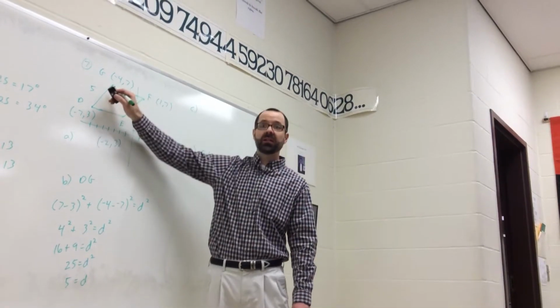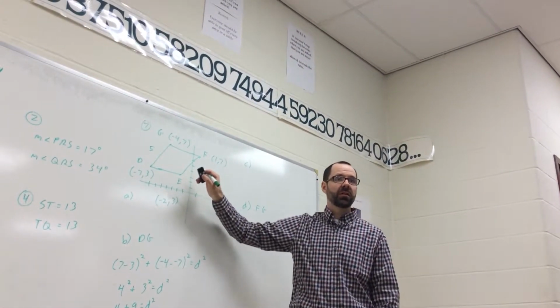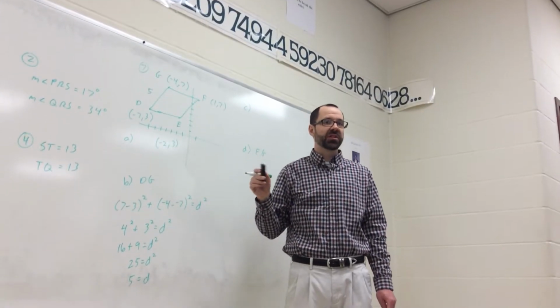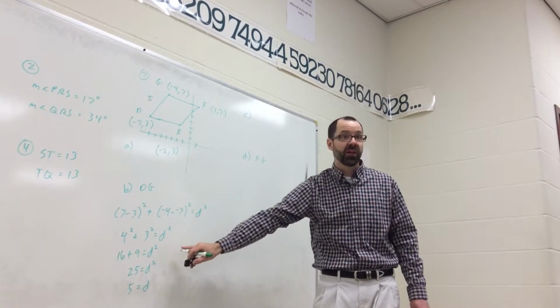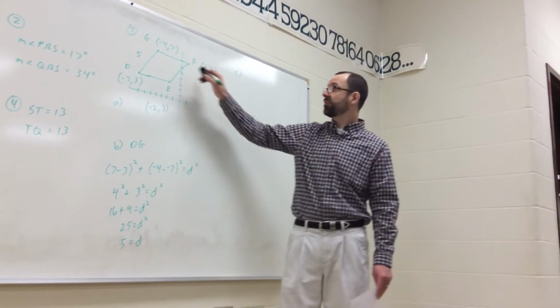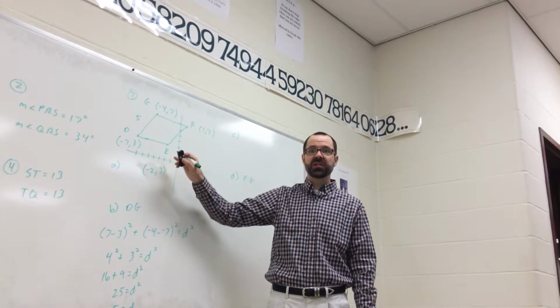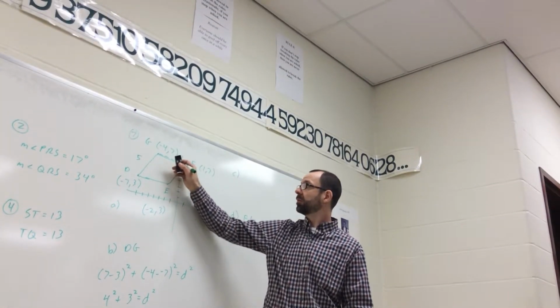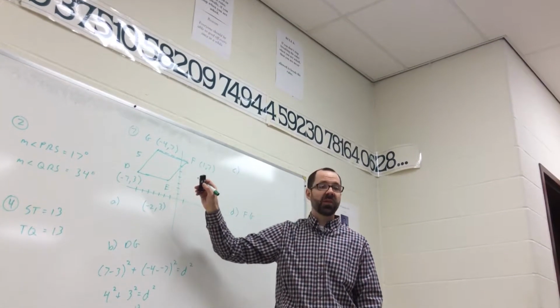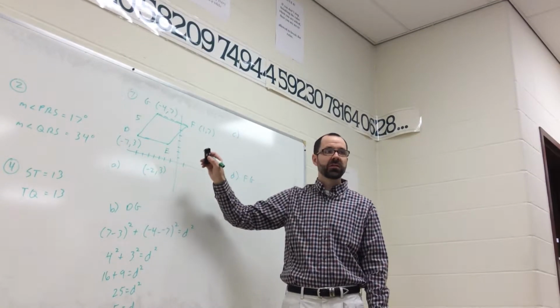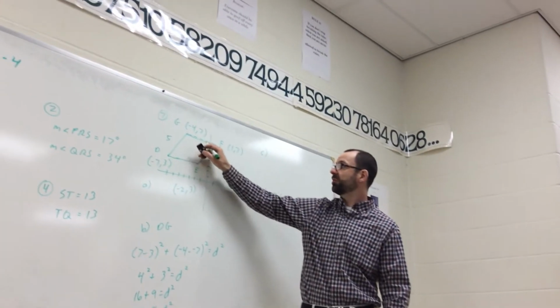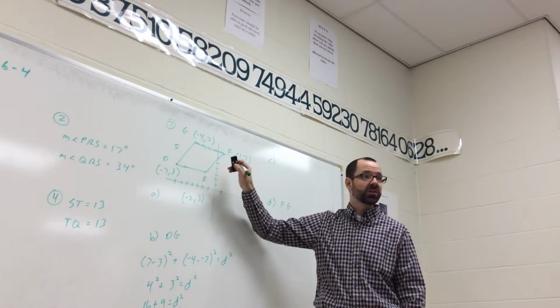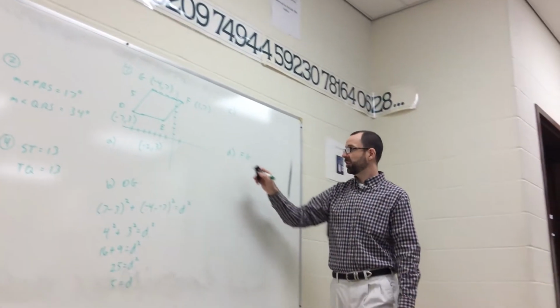For FG, I don't want to use the distance formula because I want to avoid that if I can, because it's a pain, right? So for FG, I'm just going to count how many spaces there are. Now it's hard if you didn't have graph paper, but do you see how it's 1, 2, 3, 4, 5 spaces straight across? Okay, so that was easy.